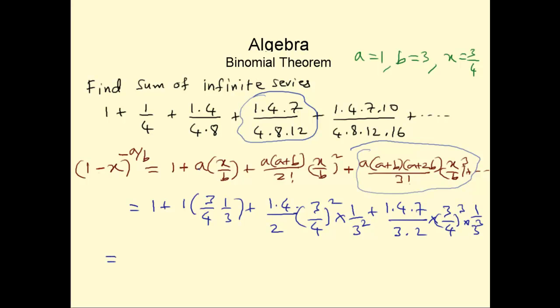So let's see what this is. 1 plus, so 3 cancels off and you get 1 over 4. Plus, the 3 squared cancels off, but in the denominator you get 4 squared, which is 4 times 4.